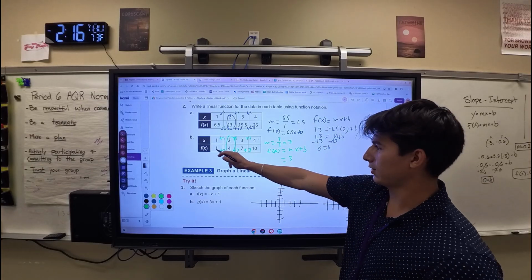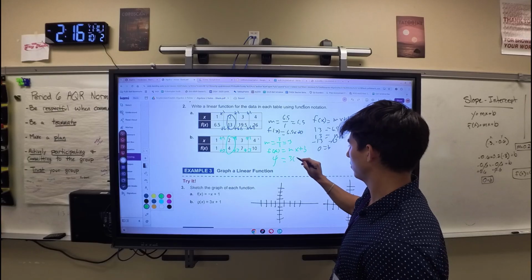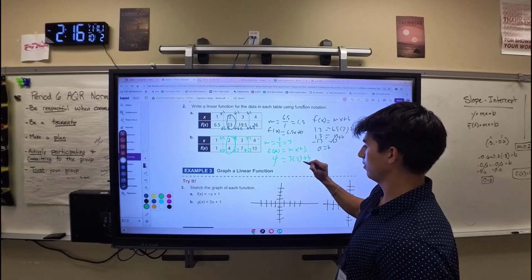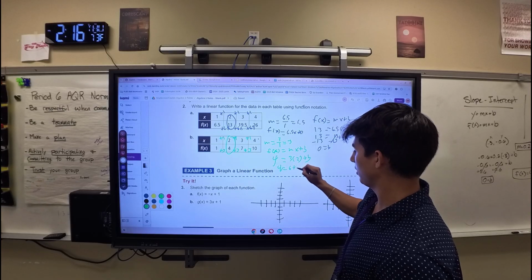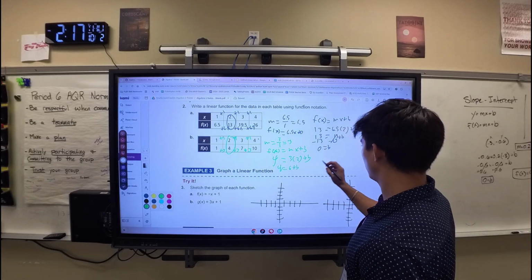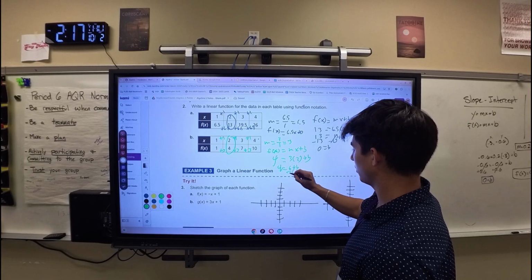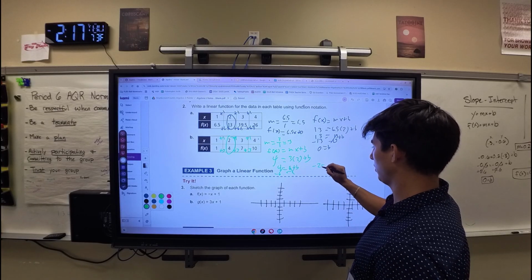So here f of x was 4, x was 2, and then we still have b. So this gives us 4 equals 6 plus b. So we're going to subtract 6. Subtract 6, and this is going to give us negative 2 equals b.